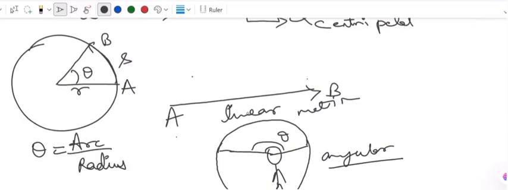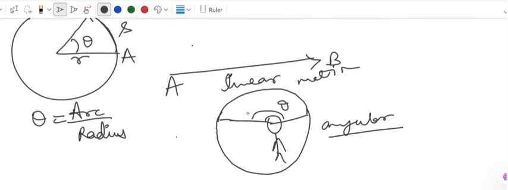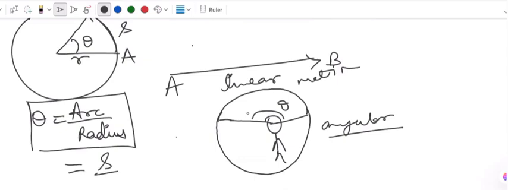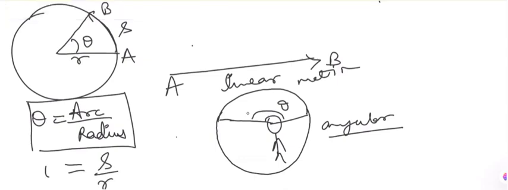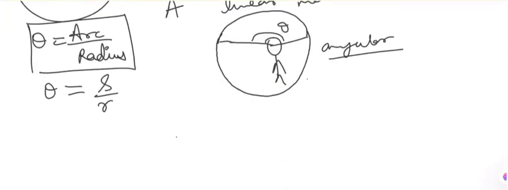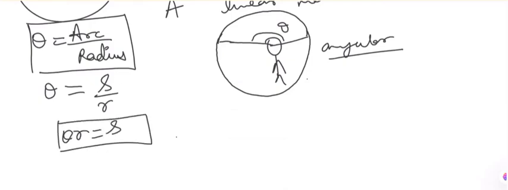Correct? So arc is S, radius is R, this is theta. So that means theta R equals S. So I can connect my linear thing with my angular thing as S equals theta times R.